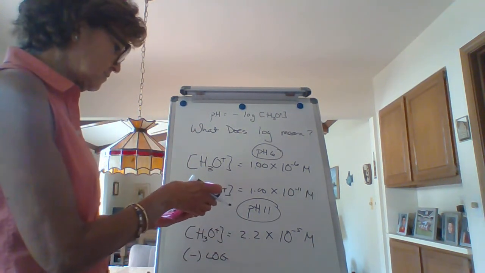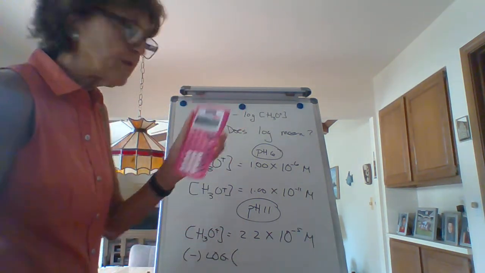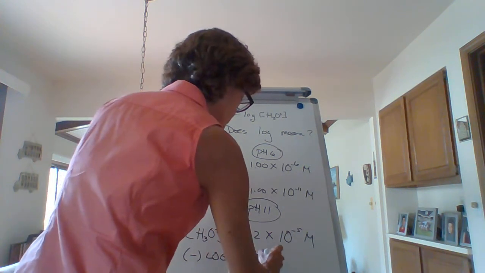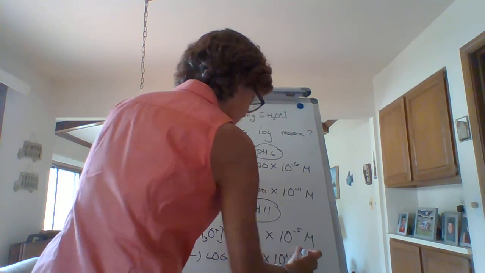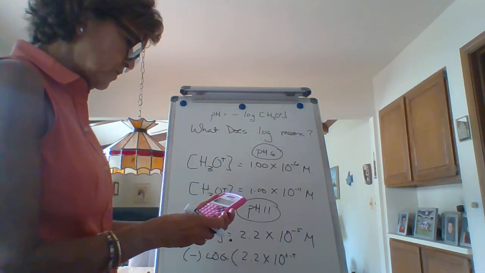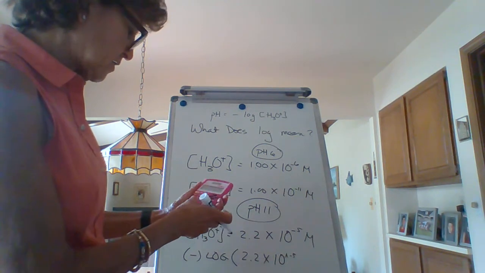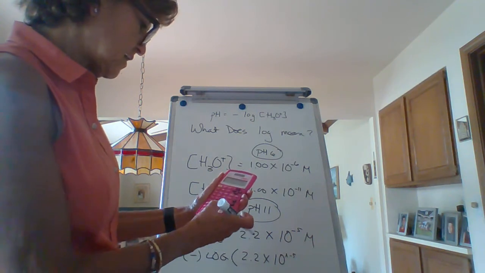You're going to have an open parentheses, and then you type this number in, 2.2 times 10 caret, the caret, minus 5. And then the minus is always this little one down here, minus 5.